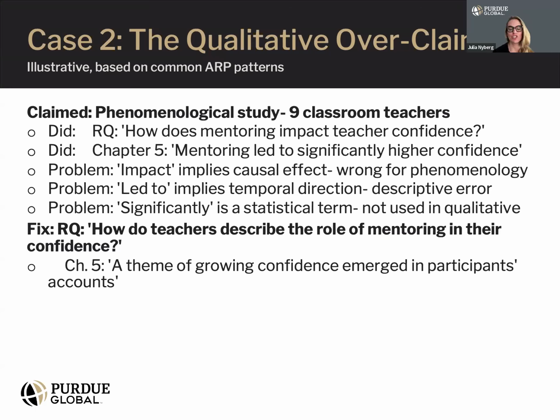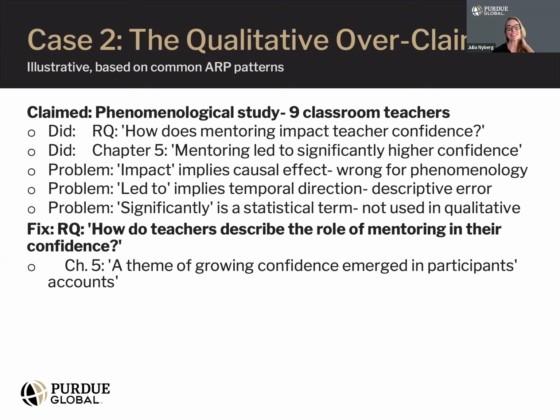The research question begins by asking, how does mentoring impact teacher confidence? It uses impact. Impact carries a causal connotation. Phenomenological research explores lived experience. It does not measure impact.